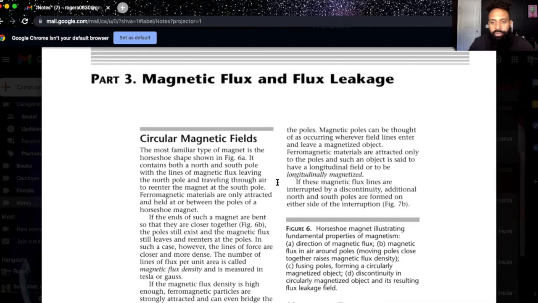Ferromagnetic materials are attracted only to the poles, and such an object is said to have a longitudinal field or to be longitudinally magnetized. If these magnetic flux lines are interrupted by a discontinuity, additional north and south poles are formed on either side of the interruption, Figure 7b.